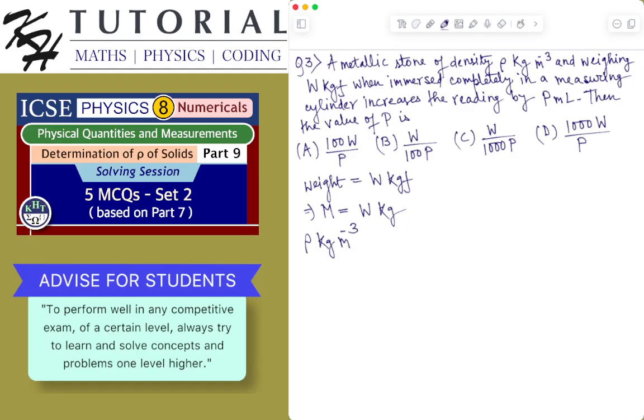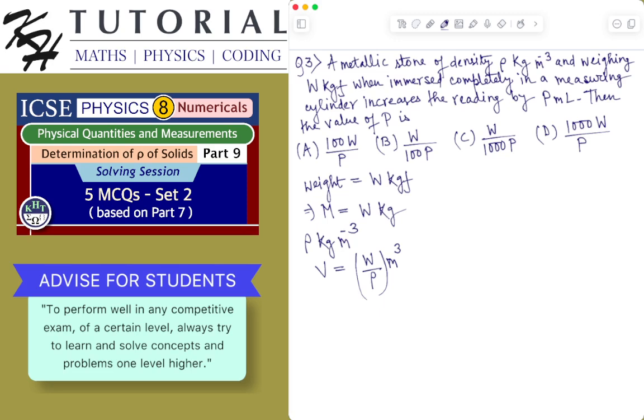Clearly, we can say that the volume of the metallic stone will be W, that is mass, divided by density. This much meter cube, W by rho meter cube, should be the volume of the metallic stone. Okay.